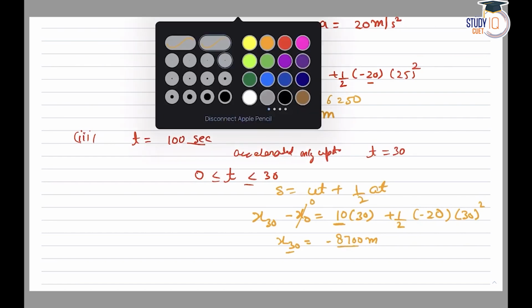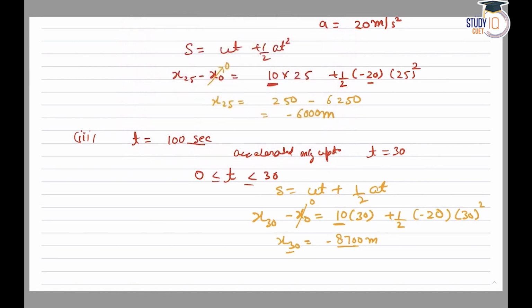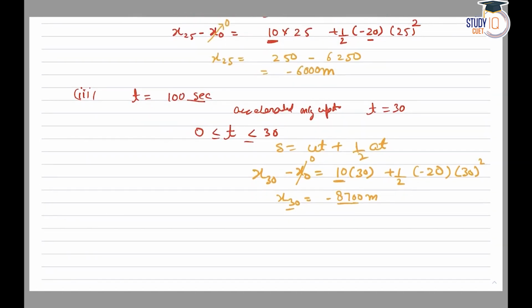Now let's find the speed of the particle at that time. Speed of the particle at t equal to 30 second can be found by using the equation of motion v equal to u plus at. So final velocity, v is equal to initial velocity, that is 10, plus acceleration, minus 20, into time, that is 30.